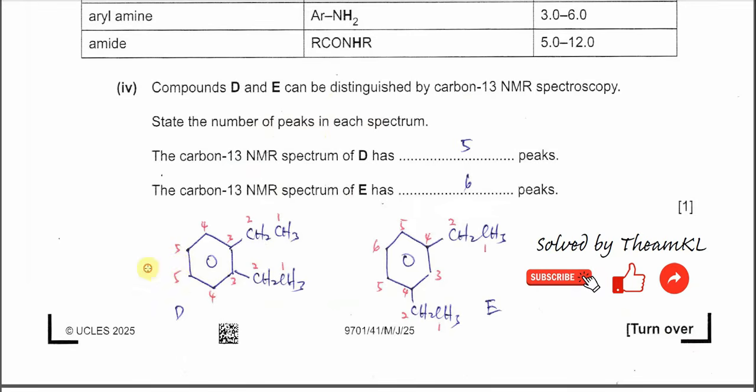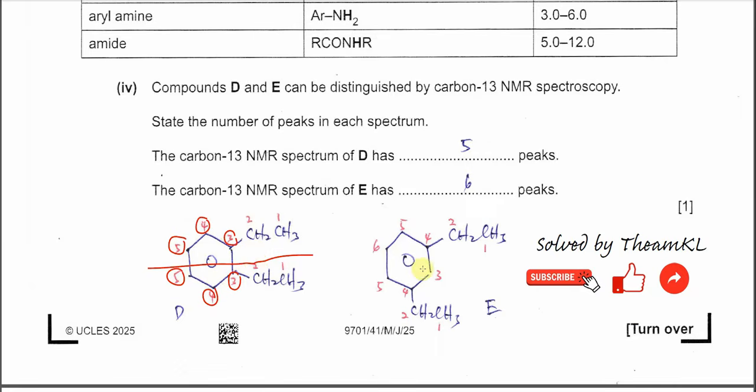You can draw a line here to show the symmetrical properties of D. So the first signal is from here, these 2 carbons give 1 signal, second signal, third signal, 4 and 5. So for D, in total it will form 5 signals.